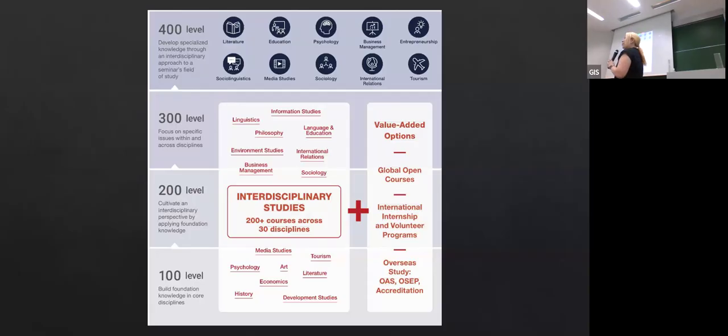We've designed this curriculum to make sure that you get both this broad perspective across the discipline, and that's the interdisciplinary part of GIS. But we also want to make sure that you have one area where you feel like an expert. So the seminar is about gaining expertise in one specific field of your choice.